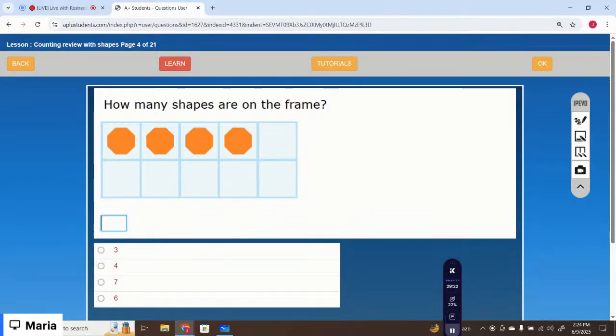How many shapes are on the plane? Four. The correct option is four.